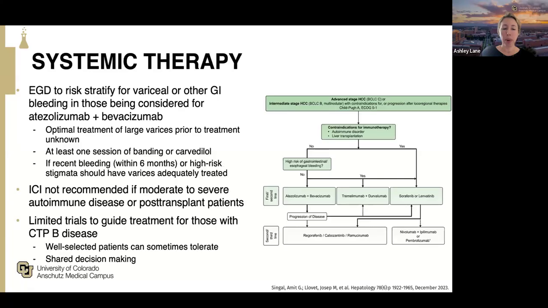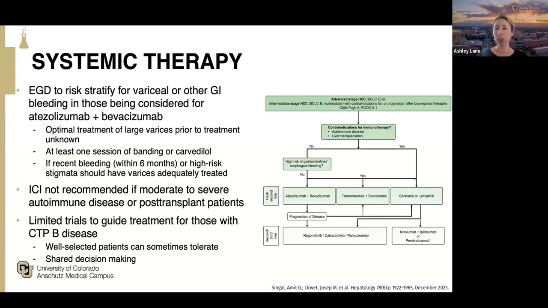Immune checkpoint inhibitors, a note on those. We tend to not recommend them if they have moderate to severe autoimmune liver disease or in our post-transplant patients because of the high risk of graft loss and death in those patients. There are technically limited trials and literature to guide systemic treatment for those with more advanced liver disease, so Child-Pugh B. But you'll see oncology sometimes pursuing palliative therapy in well-selected patients who they think can tolerate it, after performing shared decision making.